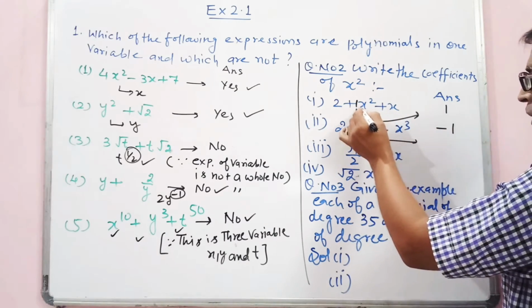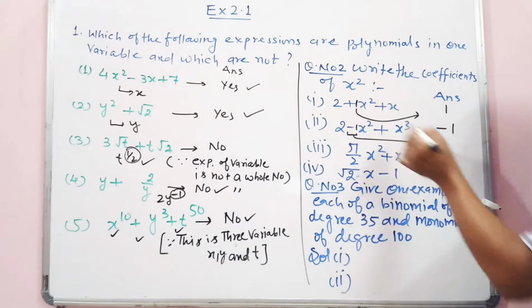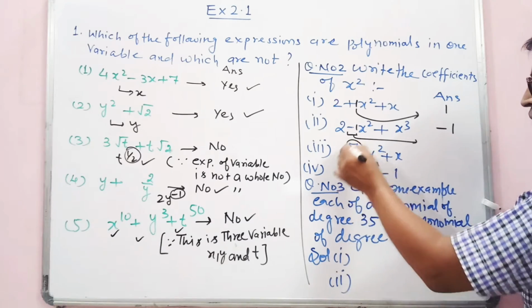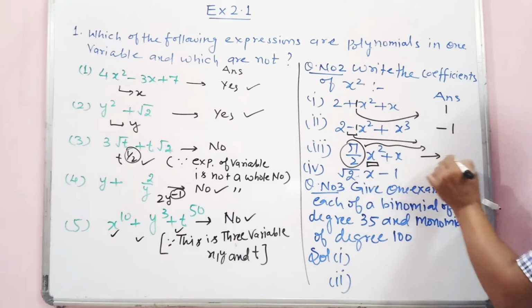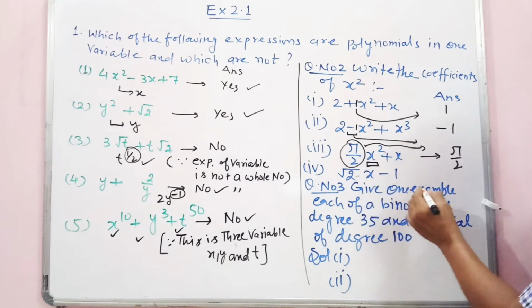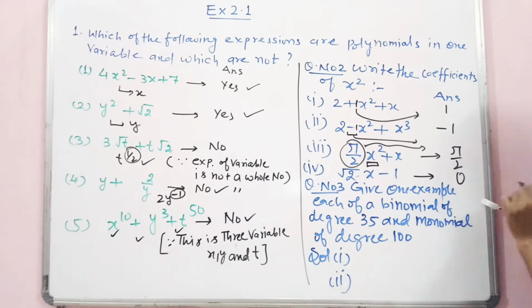Now you see the x square coefficient here is pi by 2, we write the answer pi by 2. Now here x square is not there, then what is the coefficient here? Write down 0. This is the answer.